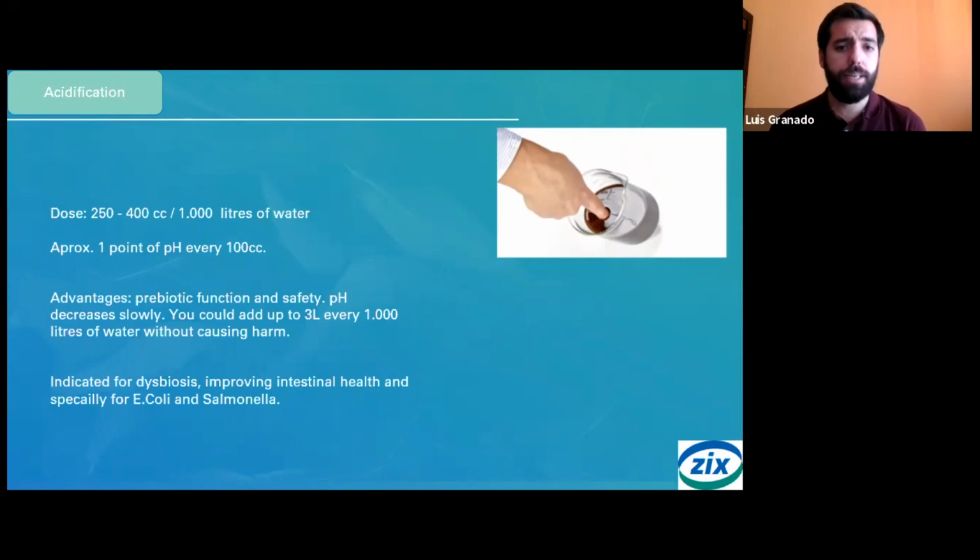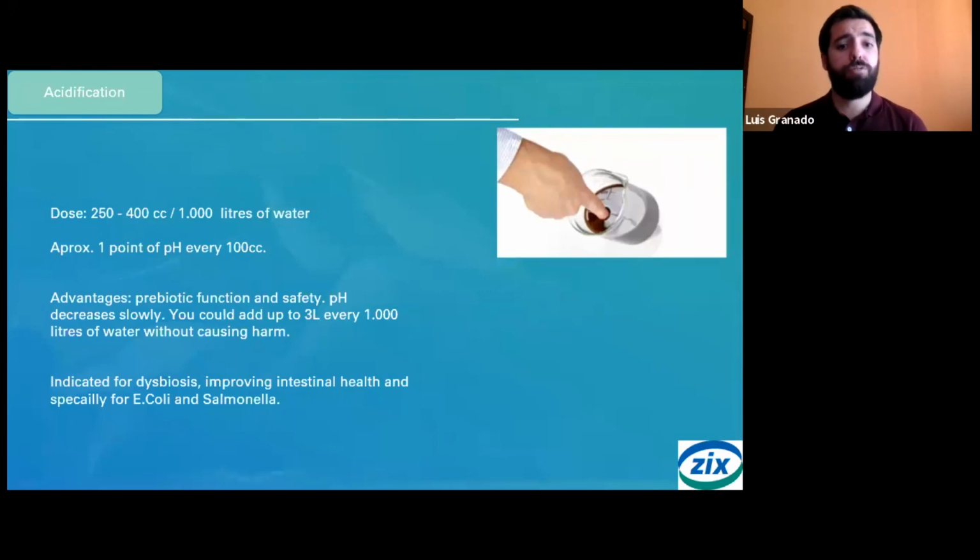So just get the idea that this is a very safe product, and even if there was some dosing mistake and we were giving up to 3 liters of product every 1,000 liters of water, which is 10 times more than the doses that we are recommending, that wouldn't cause any harm, all right? You have to know that it's a very safe product.